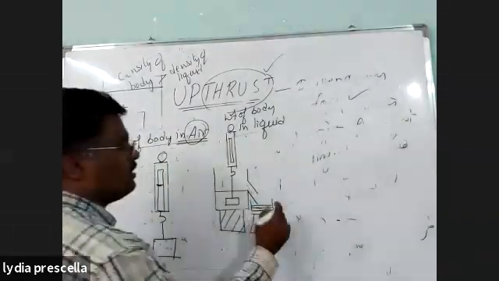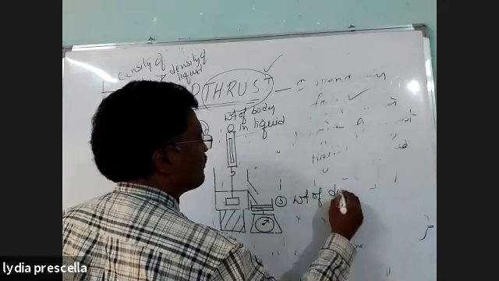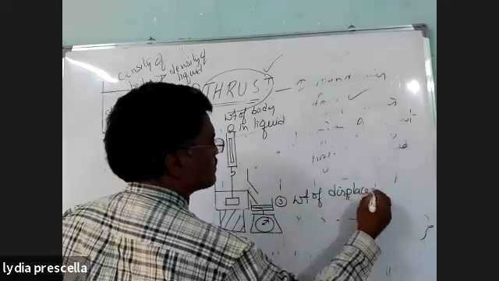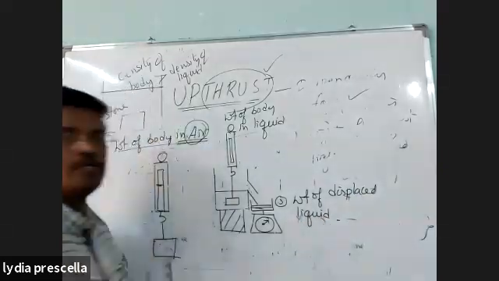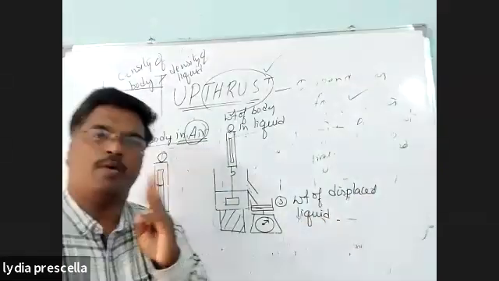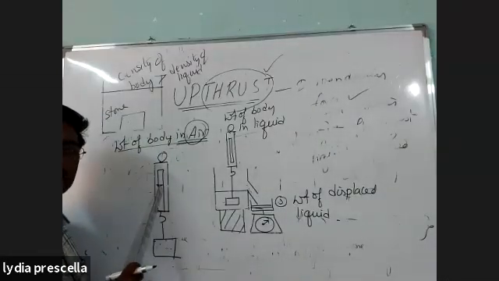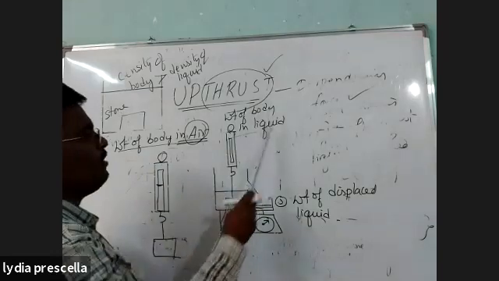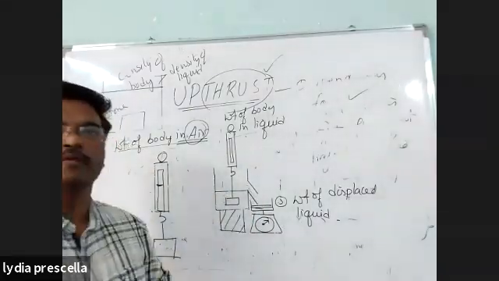So this is the third weight we are going to see, weight of displaced liquid. So in Archimedes principle, we are going to see three weights. Number one is weight of body in air. Number two is weight of body in liquid. Number three is weight of displaced liquid.